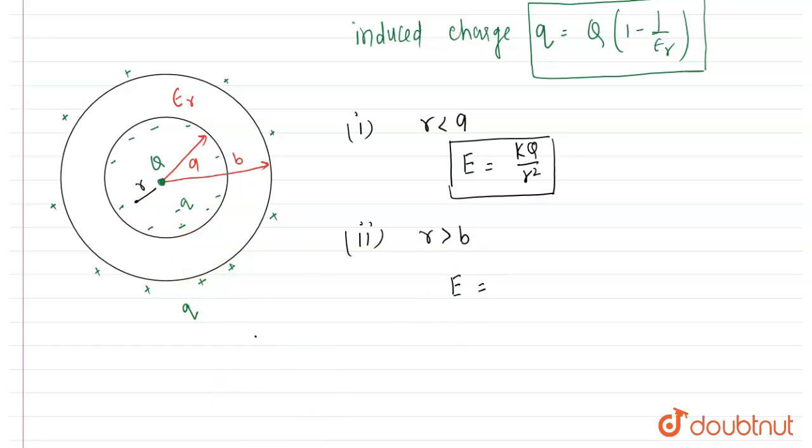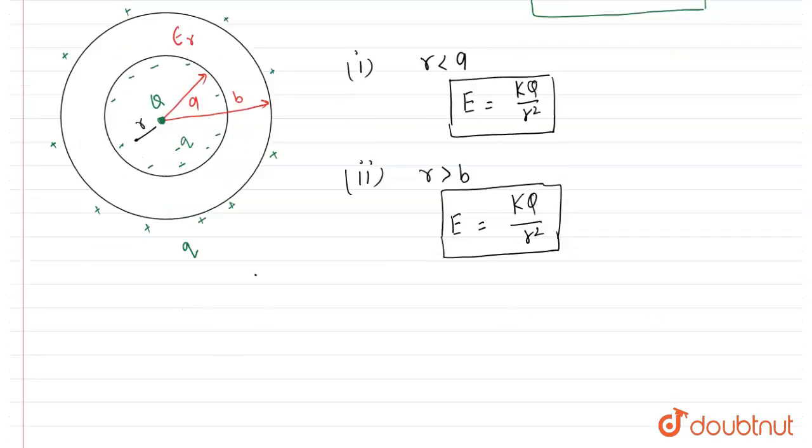The net electric field due to minus q and plus q will be 0. So we get the electric field due to only the point charge, which is kq upon r square at that point. That is the electric field for an outside point.